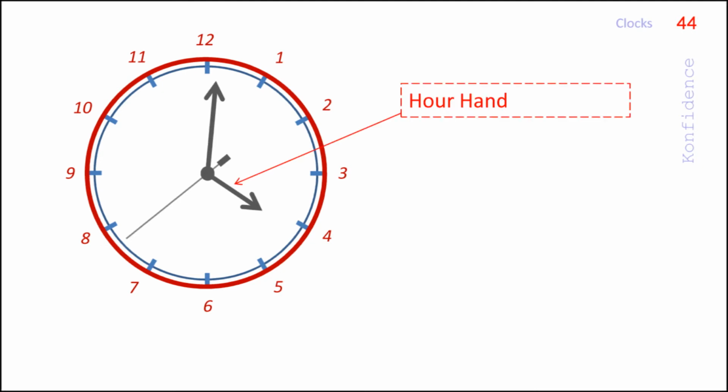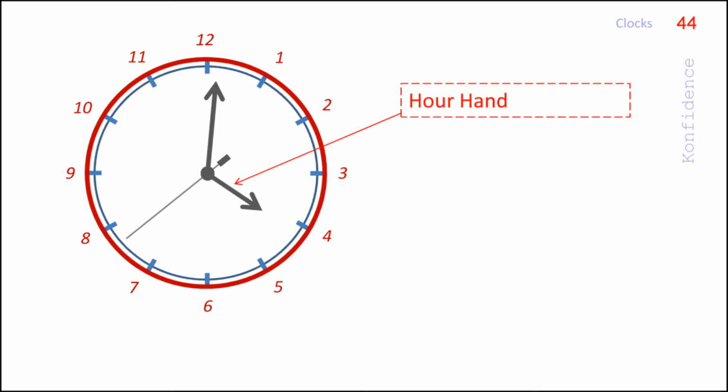Now, let us track the movement of the hour hand. The hour hand travels the whole dial in 12 hours. That is, it takes the hour hand 12 hours to travel 360 degrees. It is very evident when you look at the clock, is it not?